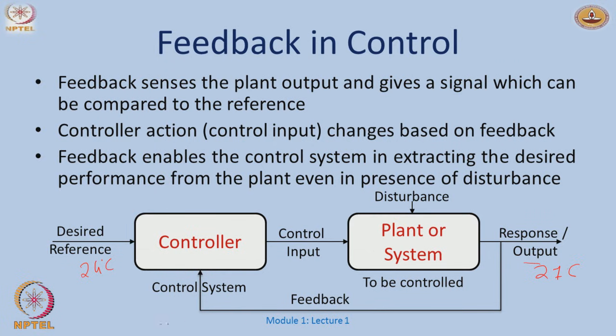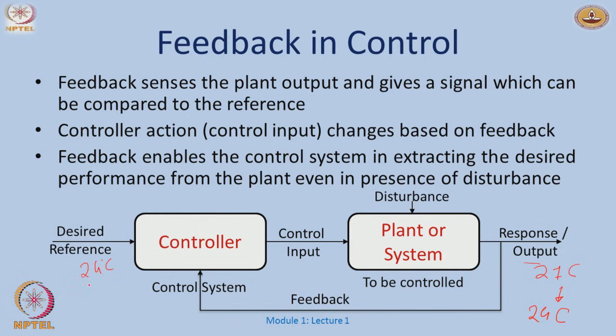The feedback will send the signal back and say, well, your output is not equal to the desired reference, and this difference will tell the controller to give a certain input so that eventually from 27 degrees I could go to 24 degrees. So, the feedback senses the output of the plant and gives a signal which can be compared to the reference, and the controller input is chosen or changes based on the feedback.